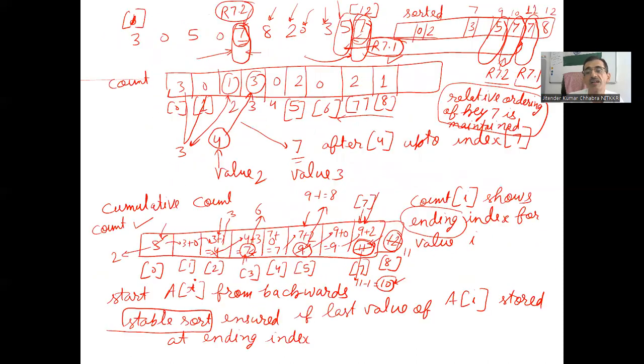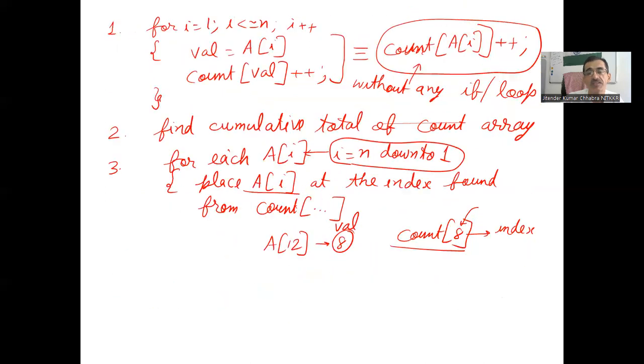Let me see the previous slides. Yeah, A[12] is a 7, so I'll correct that. That meant I should go to count[7].